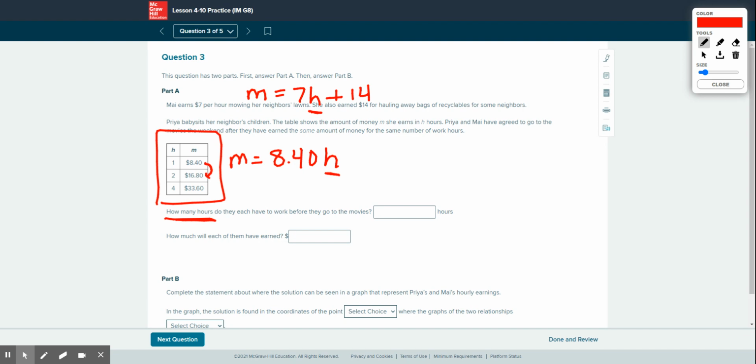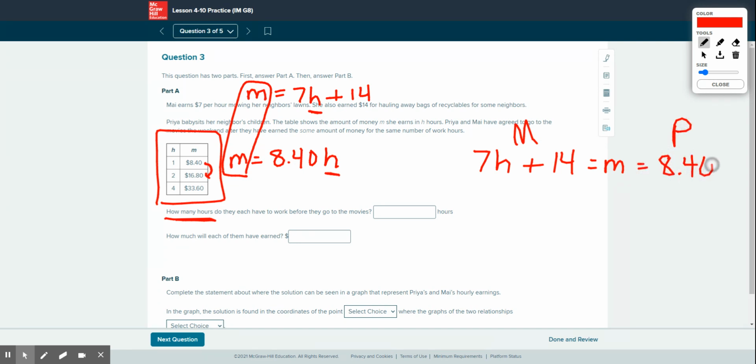But the cool thing is we know that when the money is equal, these two expressions should be equal. So we should say that 7 times H plus 14 is the exact same thing. I'm going to do something kind of weird here, so follow through with me, is equal to the money. This is for May. But then when we see Priya, her money is earned by $8.40 per hour.